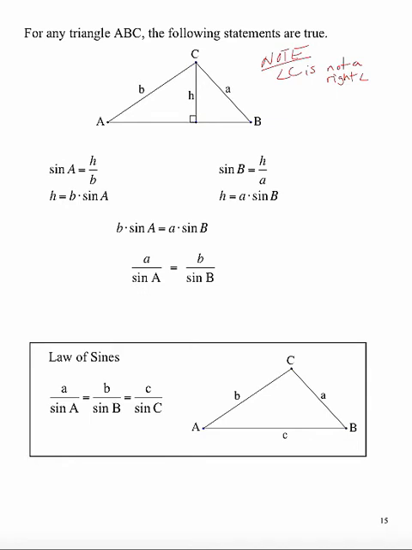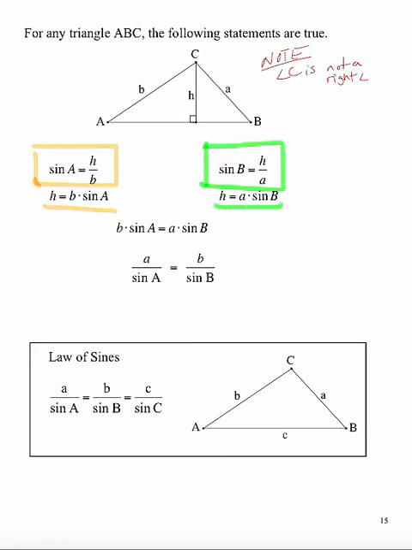So I set up the sine ratio that says the sine of angle A would be h over b. And then I solved that for h, just like I normally did in the last problem. I also set up the sine ratio for the triangle on the right, which says the sine of angle B would be h over a. And then I solved that for h.